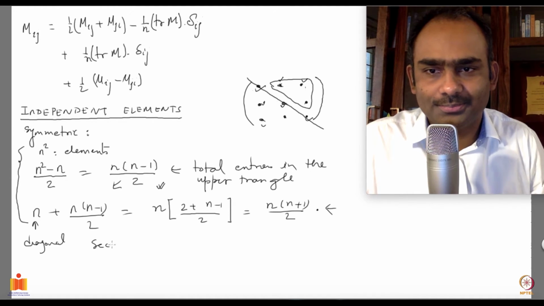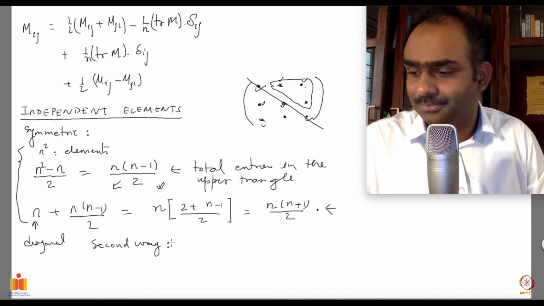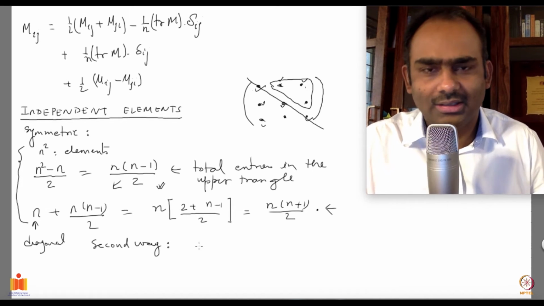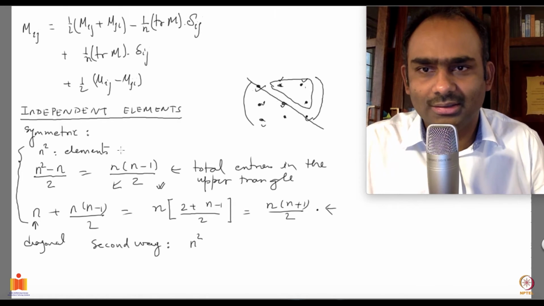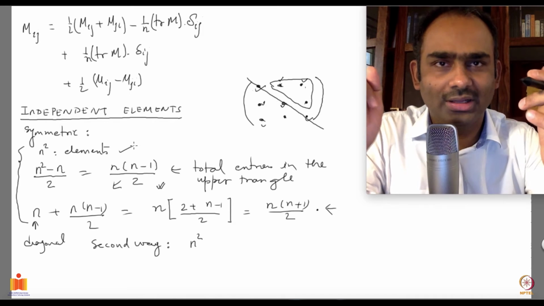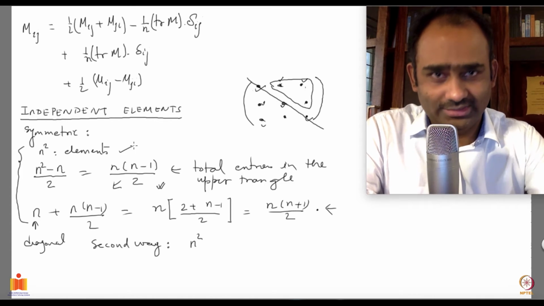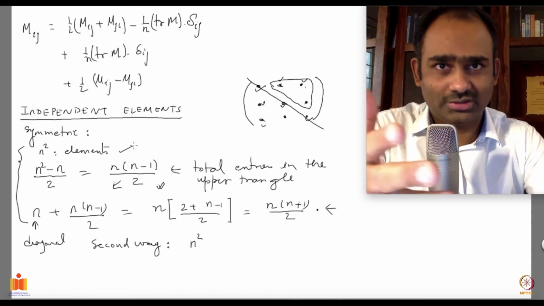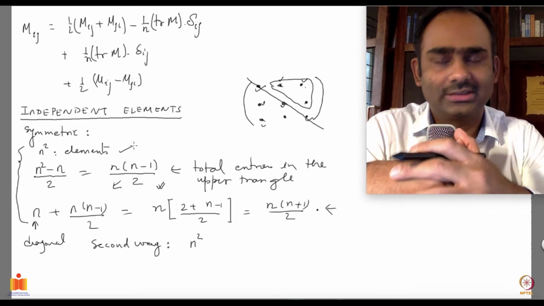Second way, not really different actually. So here I say that I have n square elements or parameters which parameterize a symmetric matrix, and then I say how many conditions are there, how many constraints are there on these parameters, and I will remove out of the total number those constraints and I'll get the number of independent parameters that parameterize a symmetric matrix.